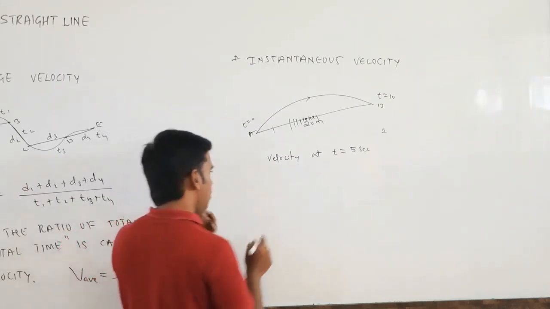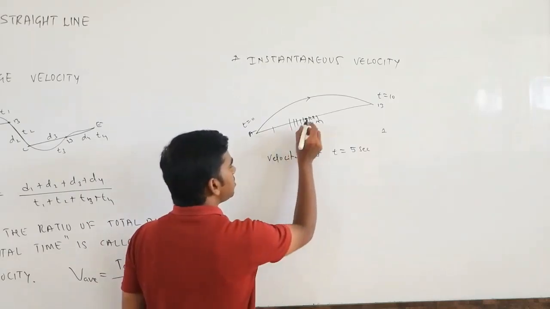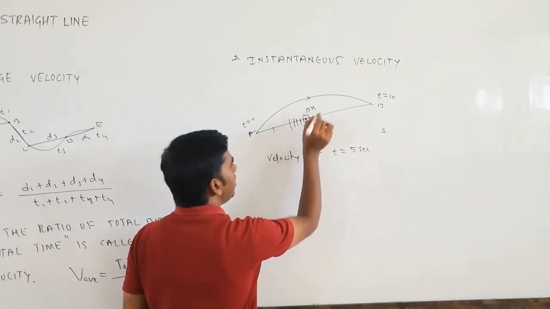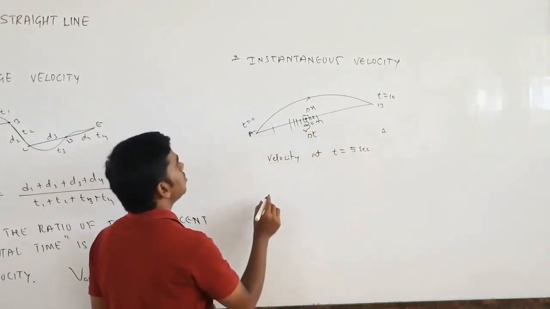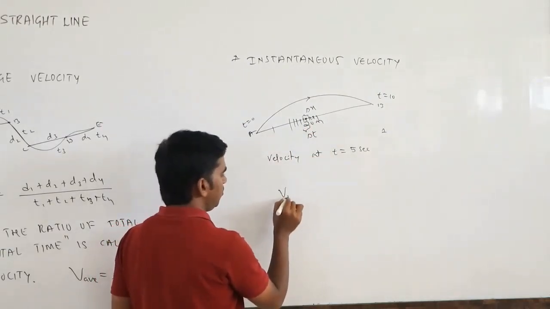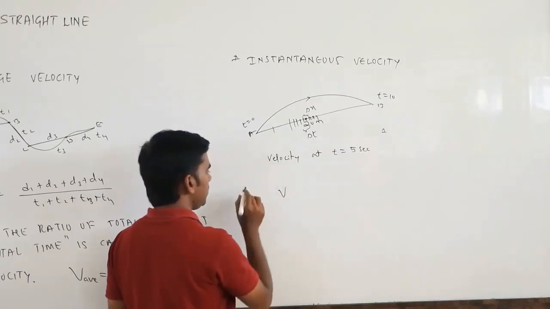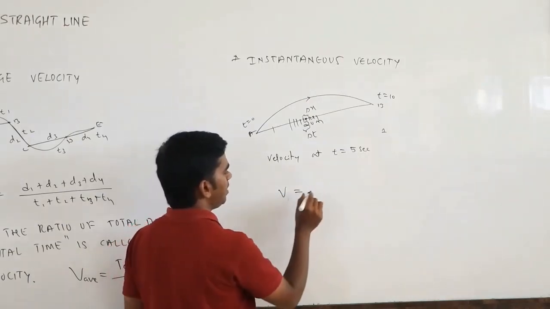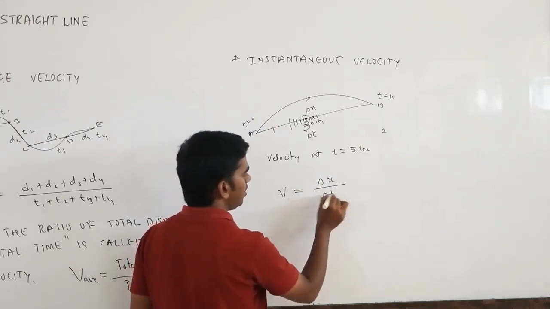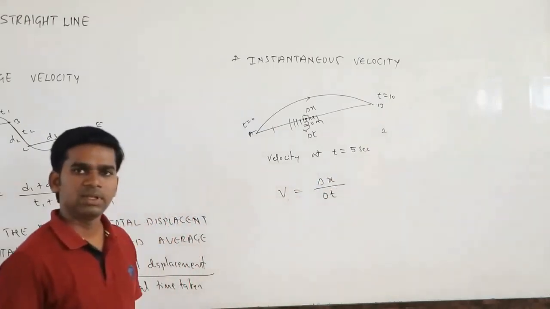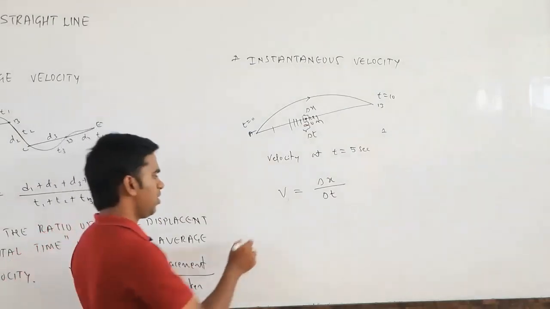So for that, you have to take a very small distance, delta x, for a very small time, delta t. So your instantaneous velocity, v instantaneous, is equal to small displacement divided by very small time. How small? For that we have to give the limit.